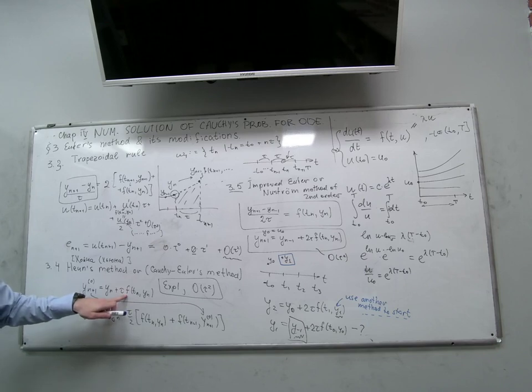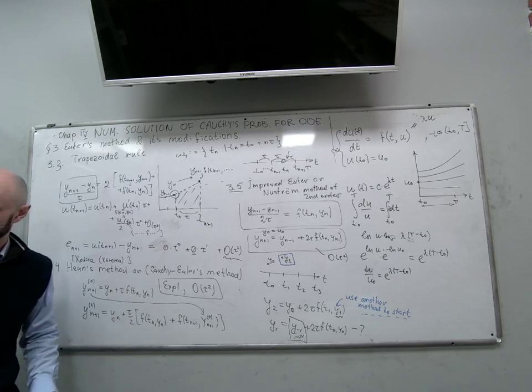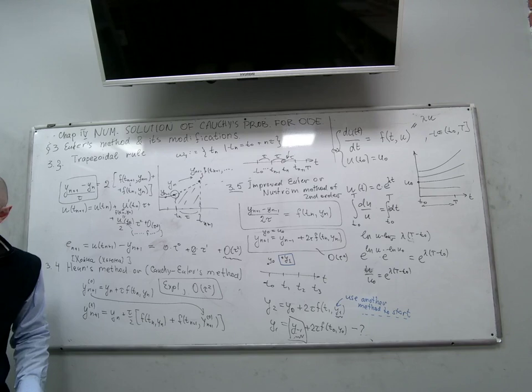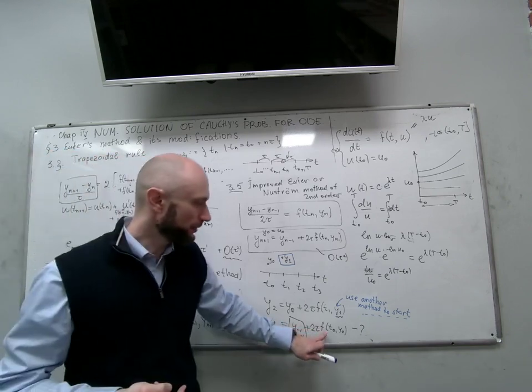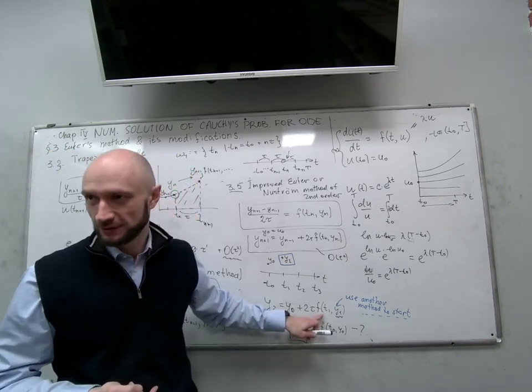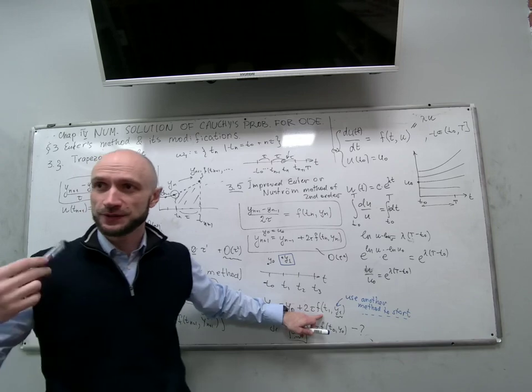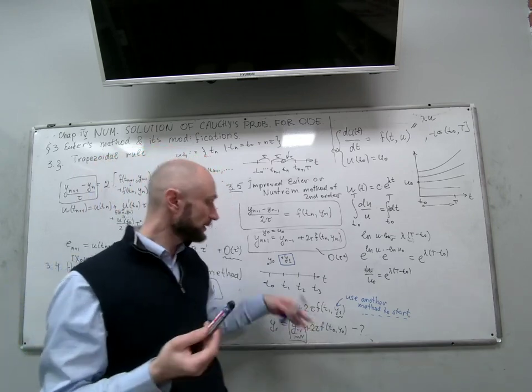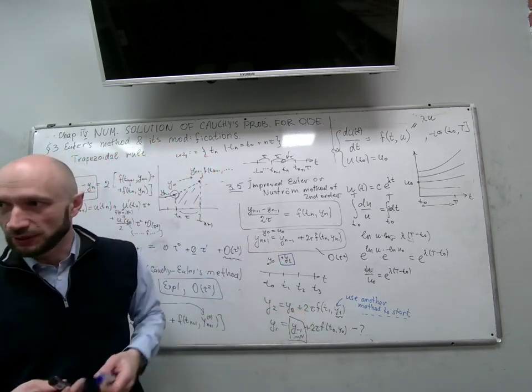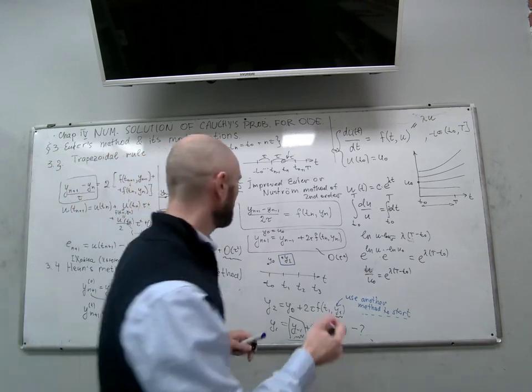Right? 3 times per step to calculate one new value. And here you have to calculate your f only once. This is very good from the computational efficiency point of view, and from the accuracy point of view, but you have to start somehow.